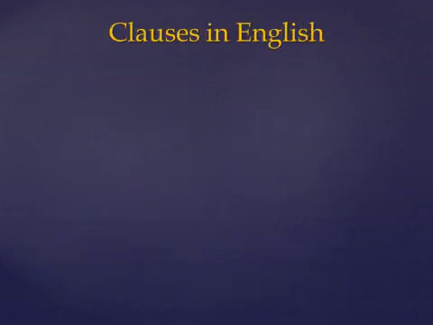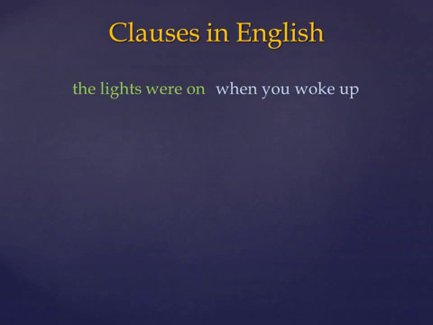Now, a major difference between a clause and a phrase, besides the fact that a clause has a subject and a verb, is that a clause can often be moved around without changing the meaning of the sentence. So if we take the example, "The lights were on when you woke up," "when you woke up" is the subordinate clause to the main clause, "the lights were on."